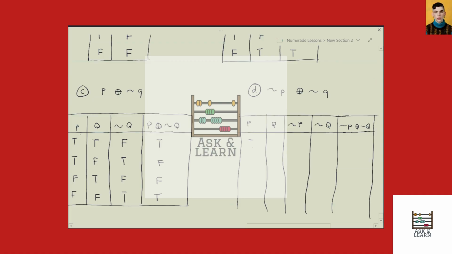So here let's have true, true, false, false, and let's pair it with true, false, true, false. Okay, so the negation of the P would be false, false, true, true. You're looking at the negative of a false over there. Let's also look at the negation of this Q, negation of all this column.